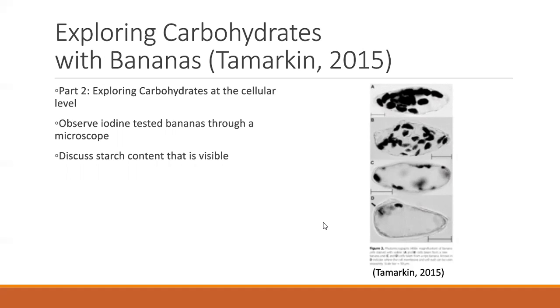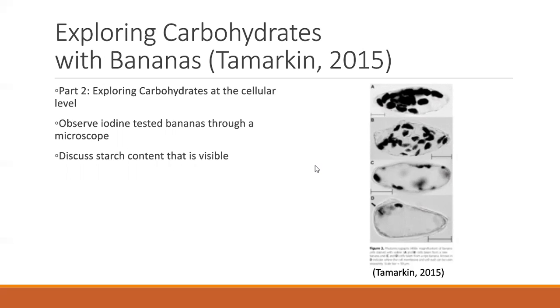Based on that, they're going to get to see different starch levels within the bananas. They're going to prepare slides with the banana that tested positive for starch, as well as the non-ripe banana, and observe them all under different powers in the microscope, because you get to see different things in the banana cells when you observe them under different powers.